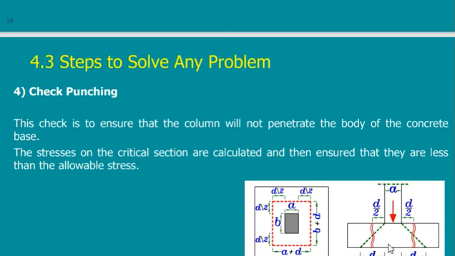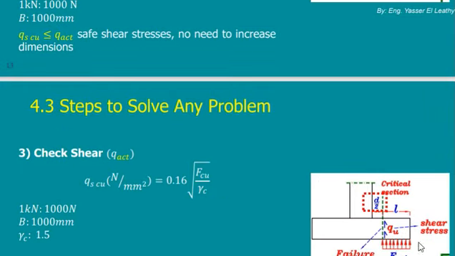We said, assume that the critical section will be at a distance of d by 2. But in this case, it's not shear, it is punching, so it will be d by 2 all around the column. In the other case, if you remember, we moved d by 2 in one direction because we are shearing just a portion.